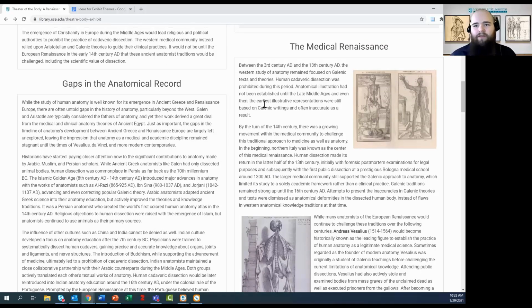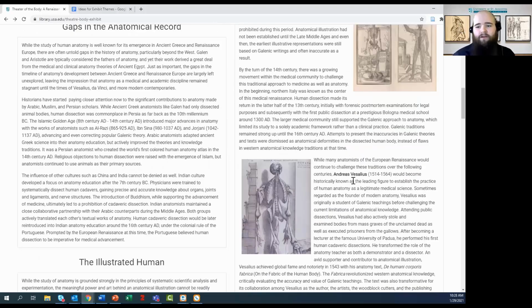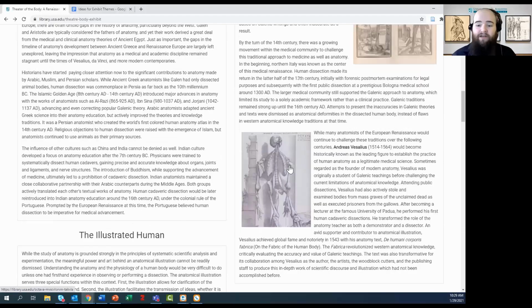But yeah, and then we also talk about the medical Renaissance, and certain figures, particularly Andreas Vesalius, who was very prominent because he was notorious for challenging the traditional theories of Galen about anatomy.